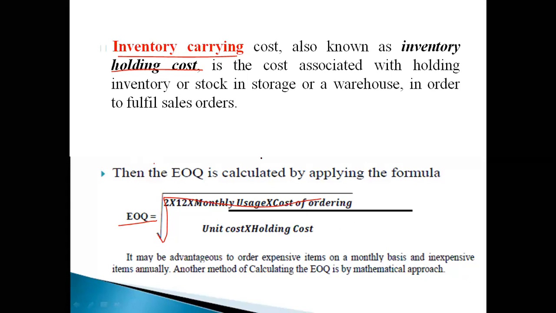Holding cost is nothing but inventory carrying into unit cost per unit. This is a formula everyone should write down. This formula is essential from the exam point of view. EOQ is equal to the square root of 2 into 12 into monthly usage multiplied by cost of ordering, divided by unit cost into holding cost.